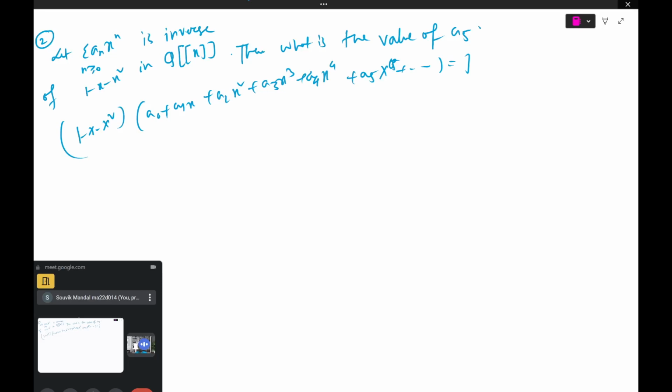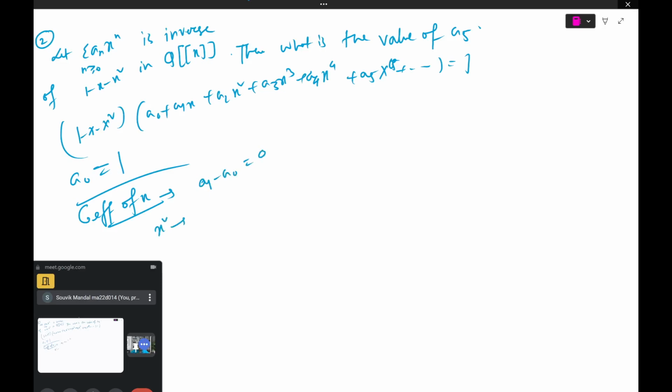Now we need to somehow calculate the value of this. So how to do this? Just multiply. First, the coefficient of 1 is a0, so this is equal to 1. Now what is the coefficient of x? The coefficient of x is a1, which is equal to 0.